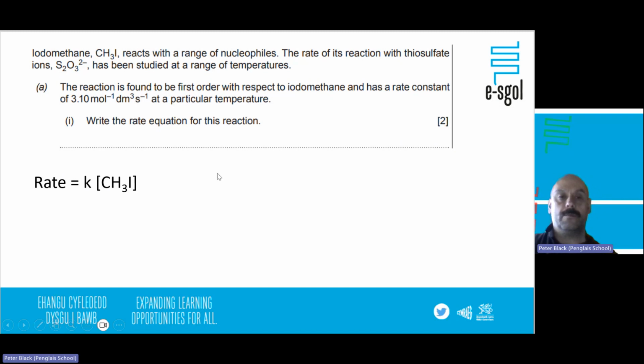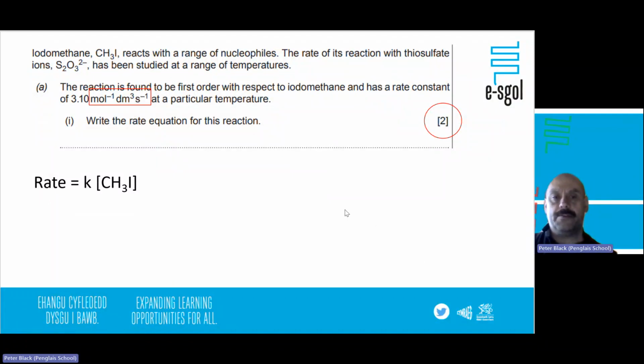First of all, what I thought was interesting, and I kind of knew something was up, was how many marks were available: 2 marks for writing that doesn't seem right, so there must be something else going on here. Then I realised what it was. It's the units of the rate constant. You need to be able to work out the units of rate constant, so please make sure that's something you can do.